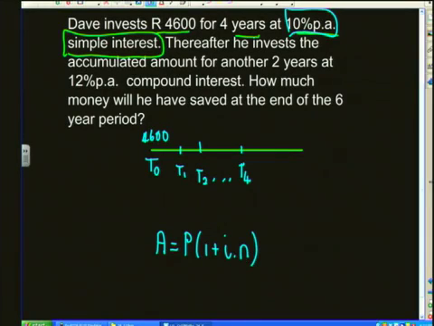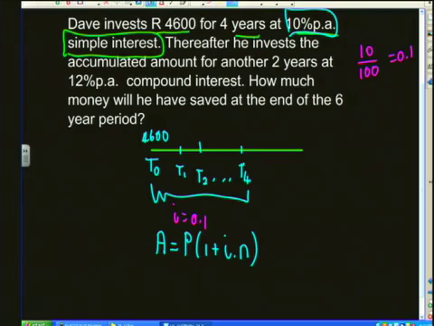That's what we're using for the first 4 years, and you've been told that the interest rate in those 4 years is 10%. We'll write the decimal form of that. We do 10 divided by 100, and you get 0.1. So the interest rate at work for the first 4 years is 10% simple interest.